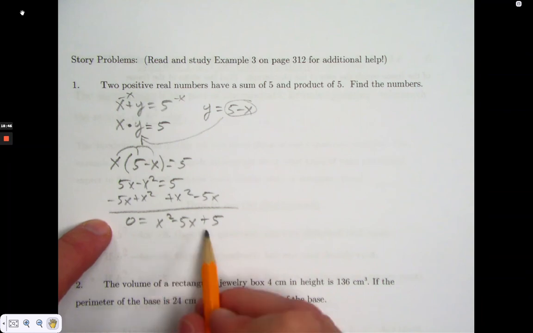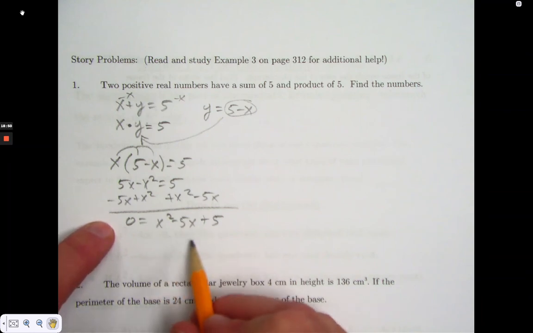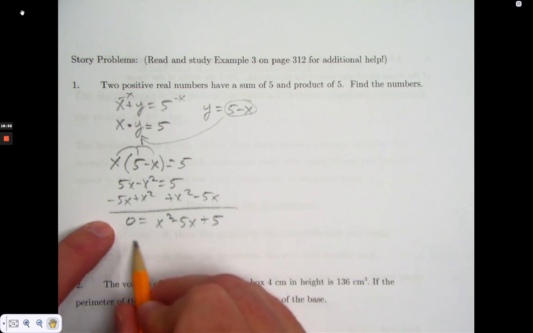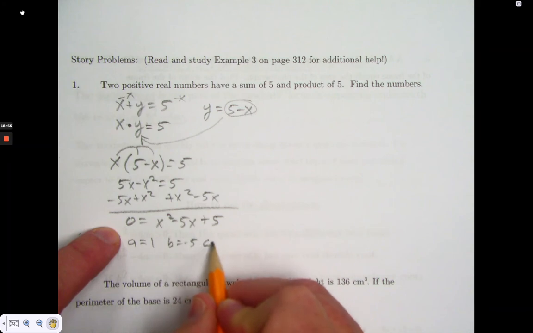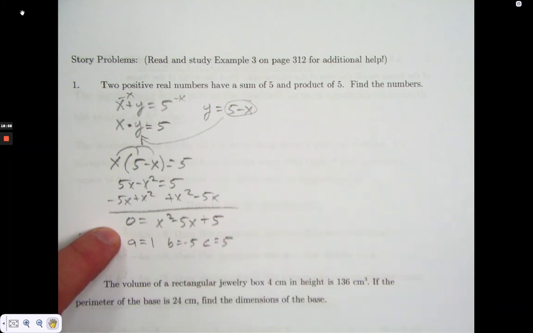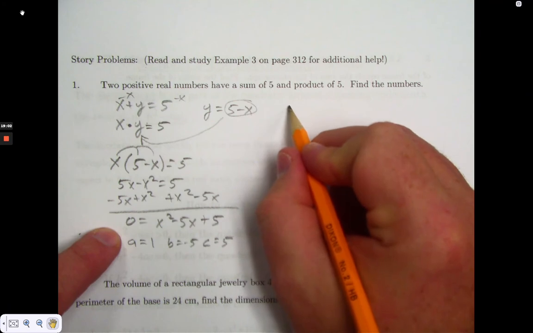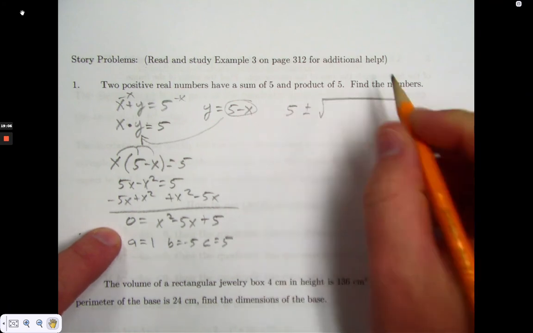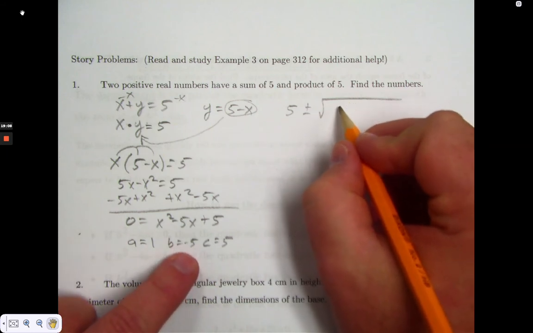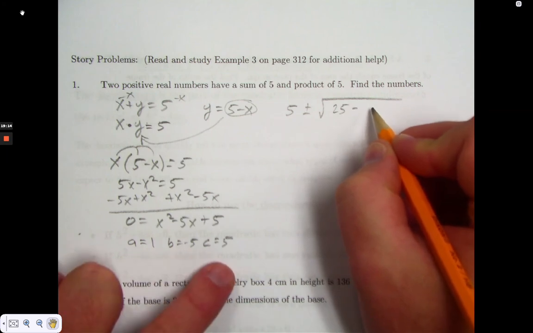Now, normally we would try and factor this, but I'm just going to tell you this is not factorable. Okay? It doesn't work. So now we can do our a equals 1, b equals negative 5, c equals 5. And then I want to do the quadratic equation with this. So negative negative 5 is positive 5, plus or minus the square root of negative 5 squared, which would be 25, minus 4 times 1 times 5.